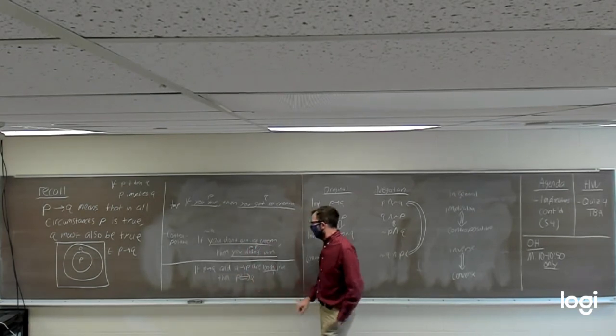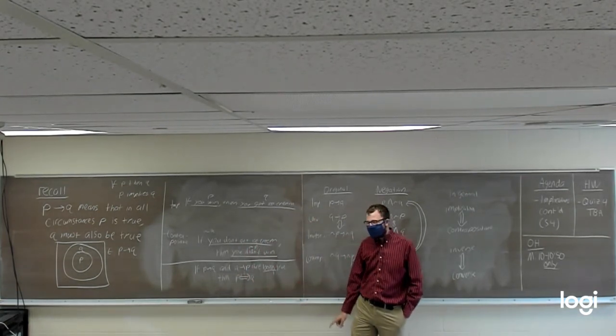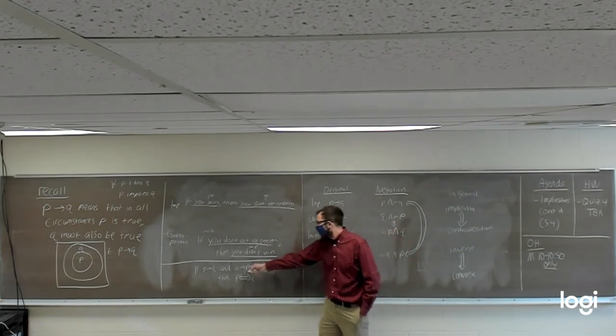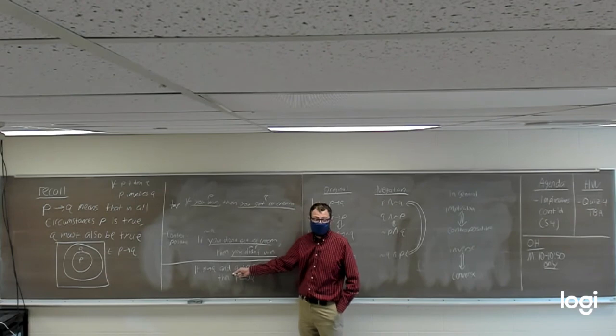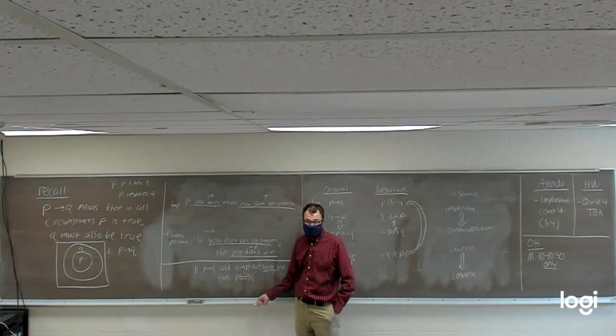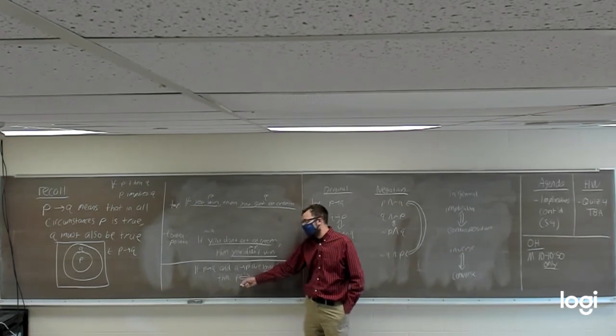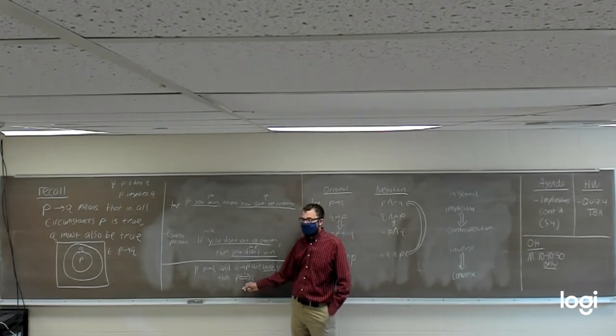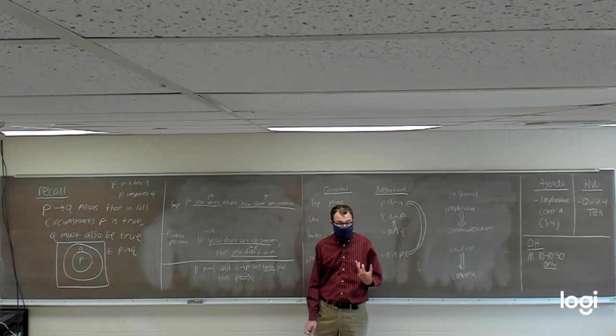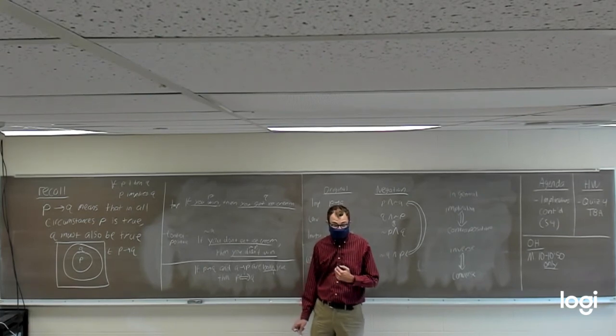And this is suggested a little bit by the notation: if we have an arrow pointing to the right from P to Q, and an arrow pointing from Q to P, it's like we have a double arrow pointing back and forth between P and Q. And so that's why we use the double arrow as the symbol for P is logically equivalent to Q, because that really just means if P then Q, and if Q then P.